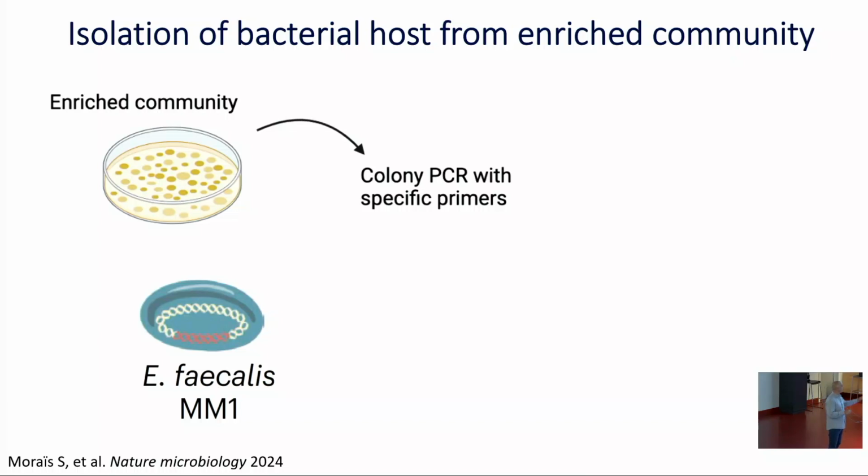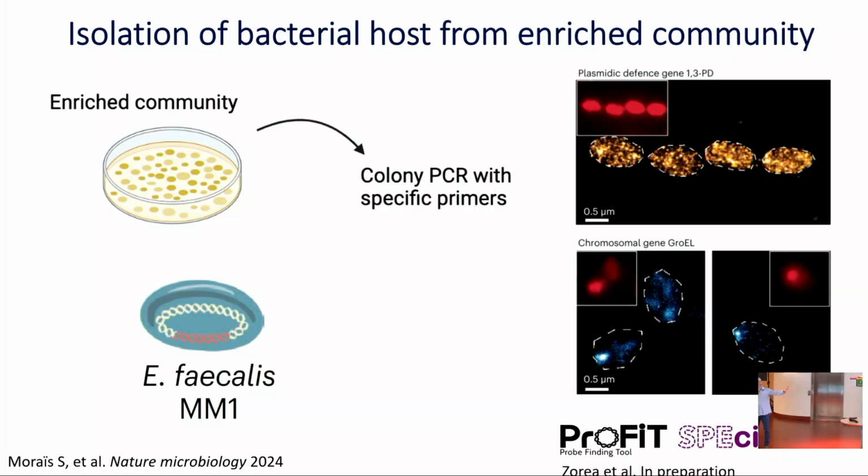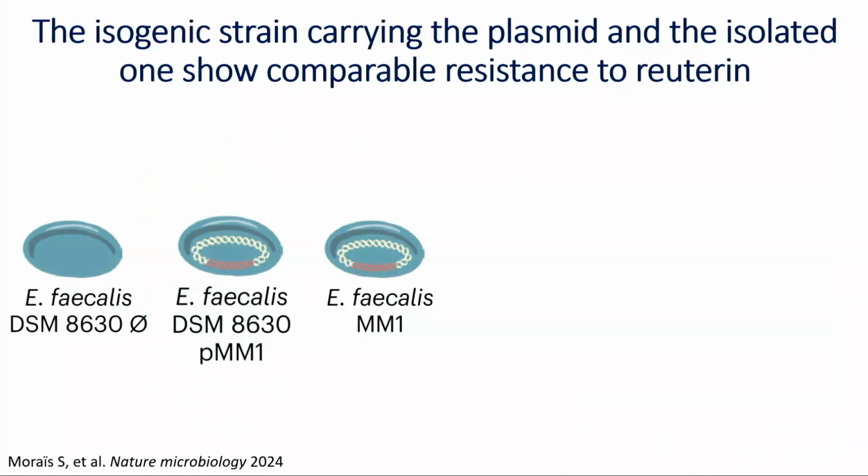We also verified this by PCR and also by this cool method that we're now about to submit, which allows us to look at plasmids within their microbial host at the single cell level. We see it distributed all over the place. And here is a focal picture of a specific gene within the genomes of these microbes. So now we can try to understand the ecology of the ecosystem through the plasmid lens.